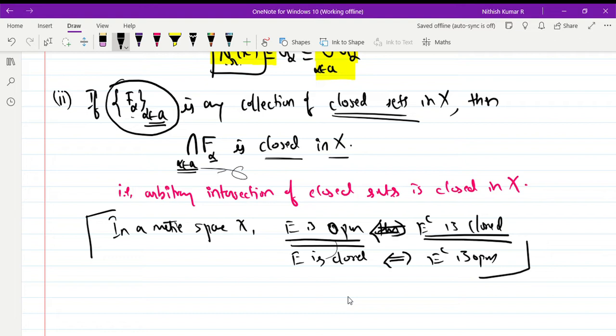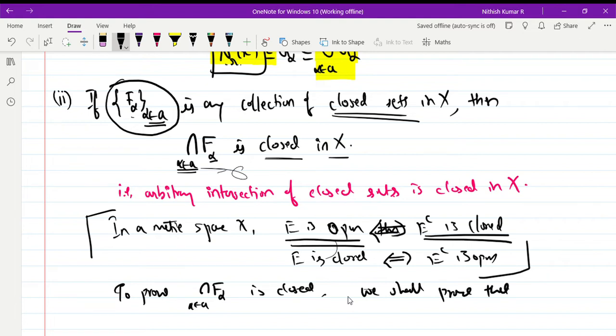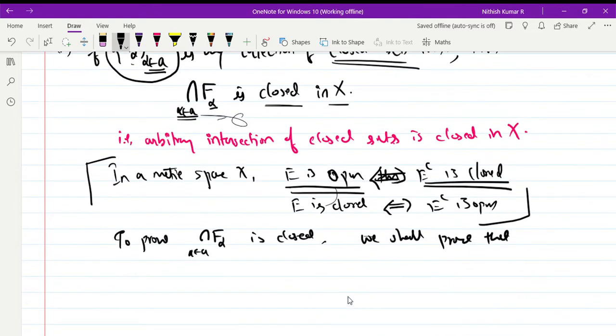To prove that the intersection of F alpha, alpha belongs to A, is closed, we shall prove that the complement of the intersection of F alpha, alpha belongs to A, is open.